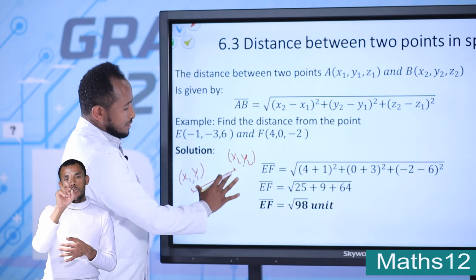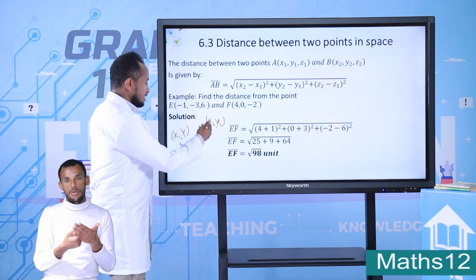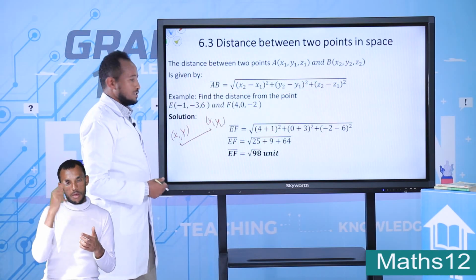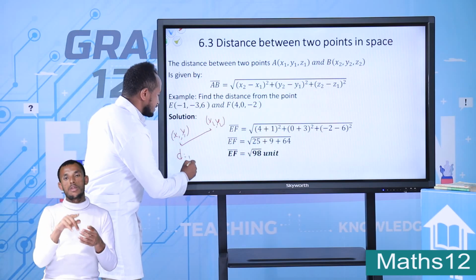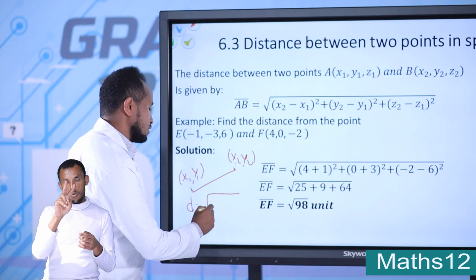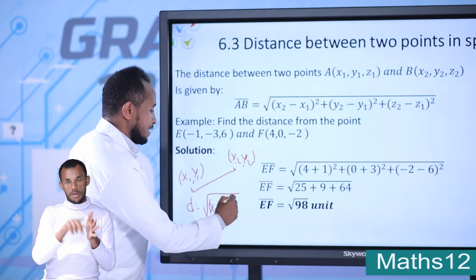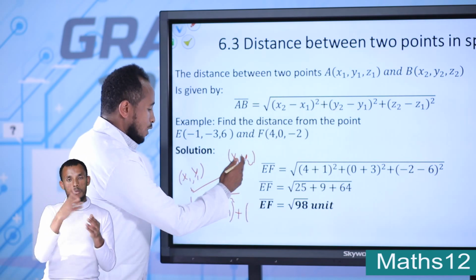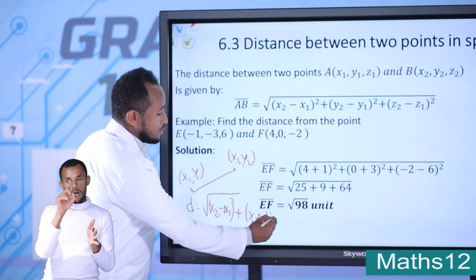To find the length of this, I think you know how this is derived using the Pythagorean theorem. So the distance is the square root of (x2 minus x1) squared plus (y2 minus y1) squared.